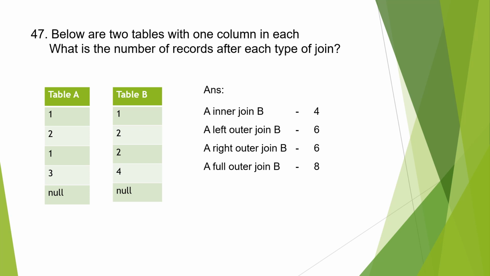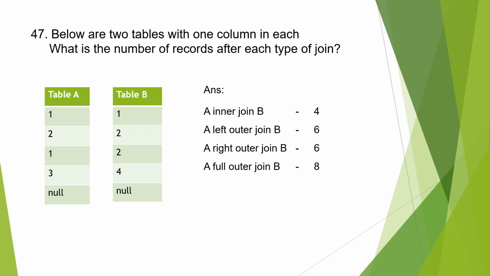Okay, so you can simply say these counts. First of all, you just have to calculate the inner join. A inner join B, there are four records, right? 4 plus the distinct records from table A where we don't have matches. That means 3 and null. So 4 plus 2, 6 records.